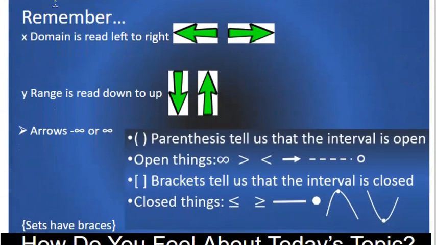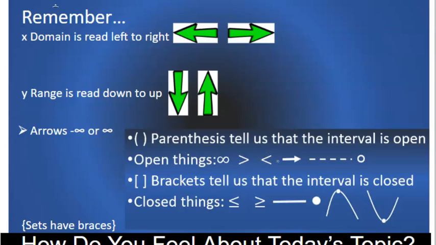Remember, X is domain. It's read left to right. Left, right, X. Y is the range. It's read down to up. Down, up, Y. Arrows are representing either negative infinity or positive infinity depending on what direction it's pointing. Parentheses tell us that the interval is open.